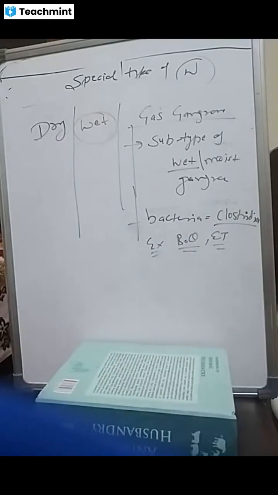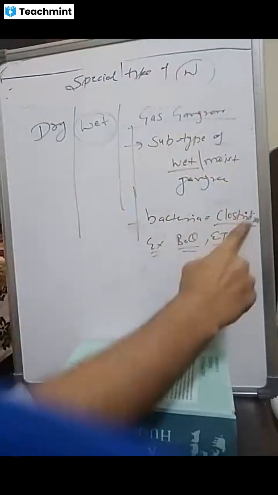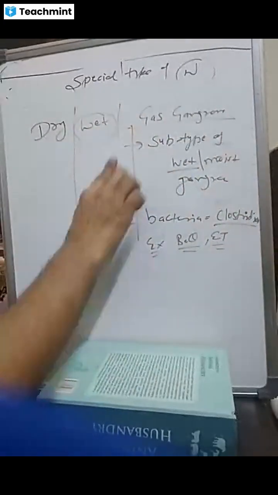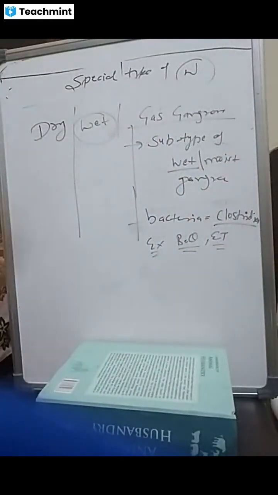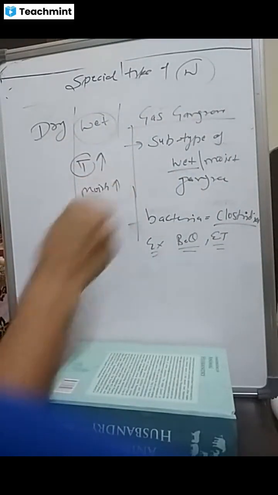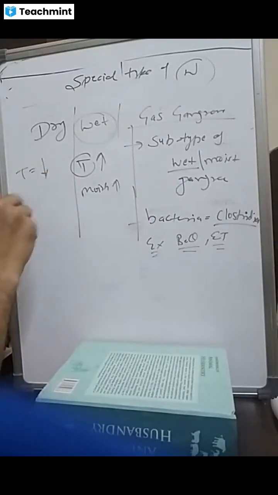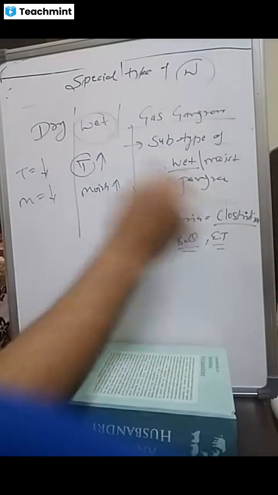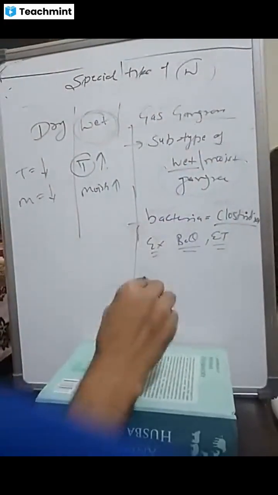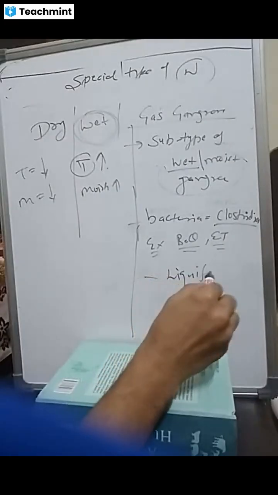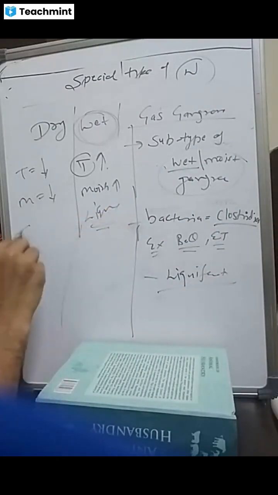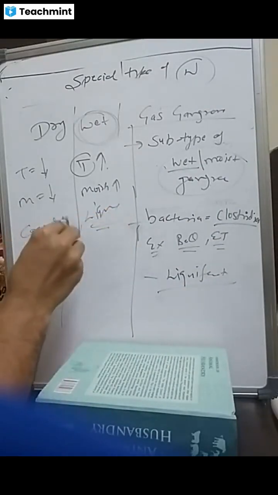There is gas formation because of Clostridia, and it is a type of wet gangrene. Because Clostridia is multiplying, it means you have high temperature and high moisture, which are low in dry gangrene. In wet gangrene you will have liquefactive necrosis; in dry, coagulative necrosis.